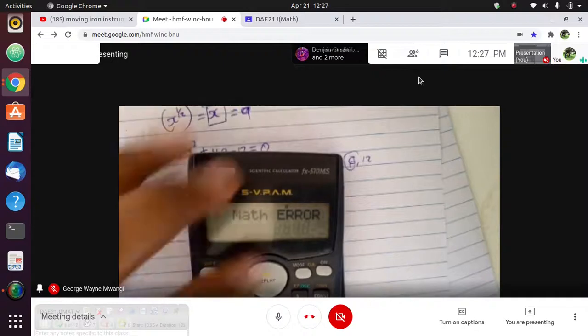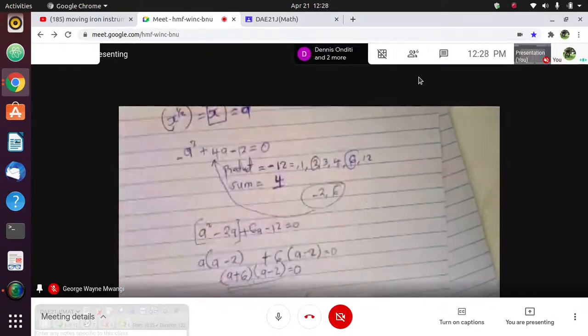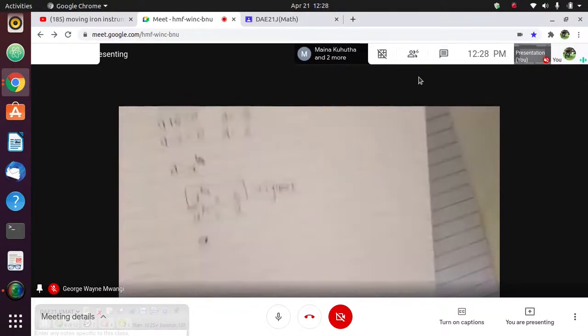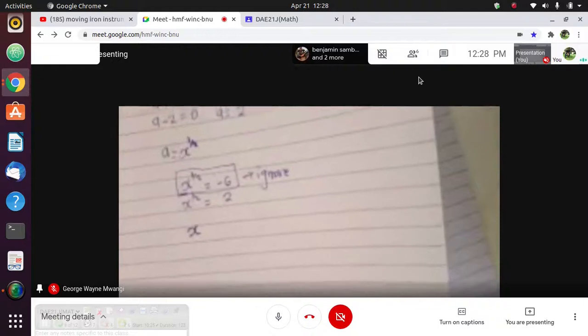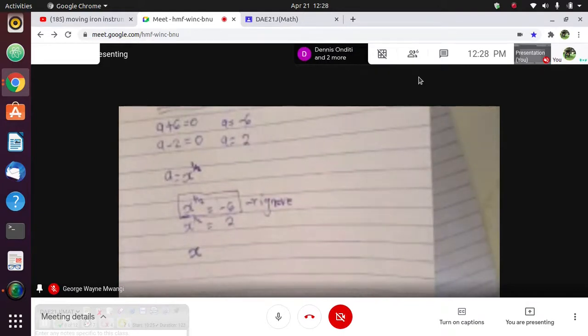My calculator gives me a math error, meaning that when I use a calculator to find the square root of a negative number, it gives a math error. What that means is that you cannot find the square root of a negative number, but that is not entirely true. It is very possible, but it will introduce us to complex numbers, real and imaginary numbers.